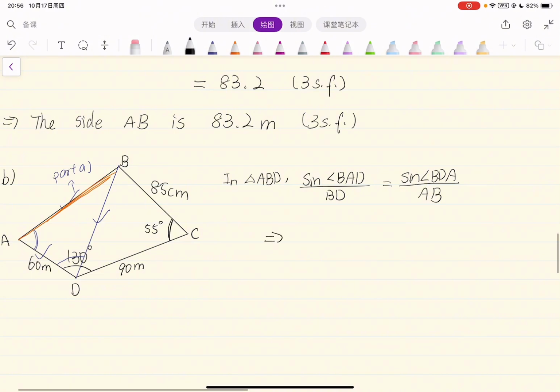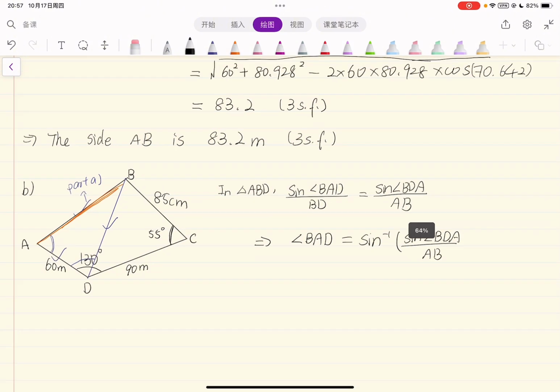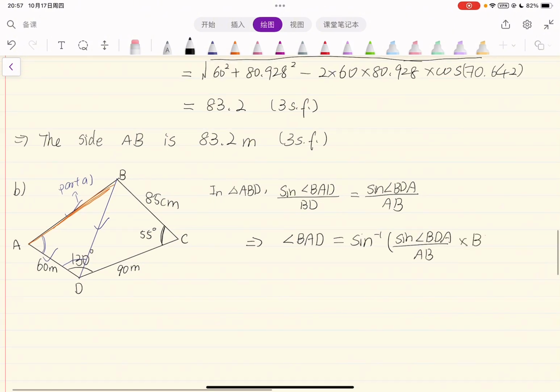Thus, the angle BAD equals sine minus 1 bracket sine angle BDA over AB times BD.